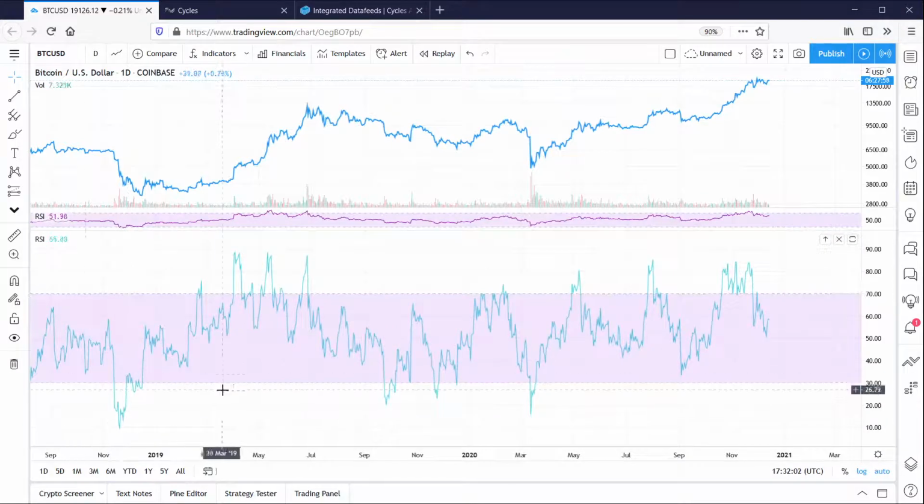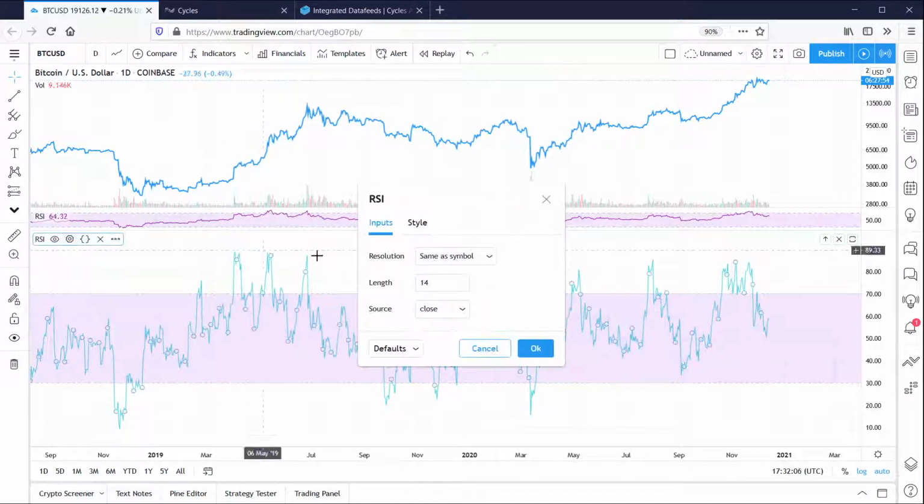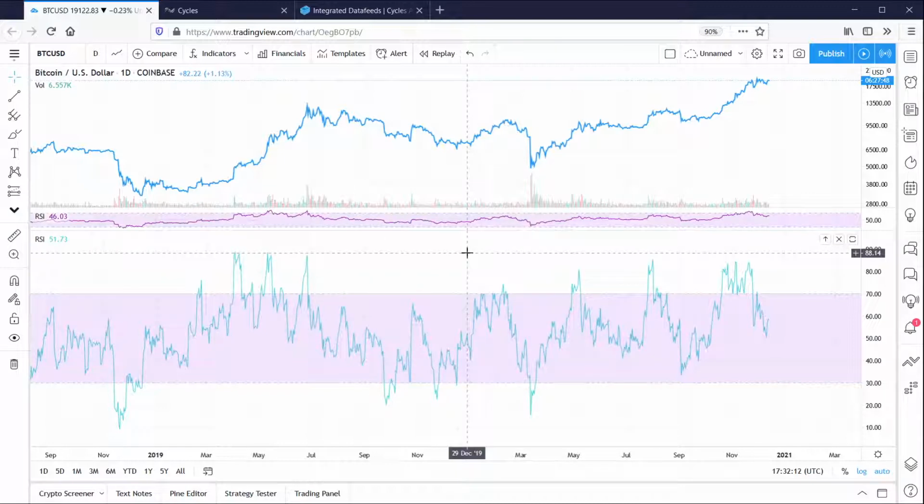And what you see here down at the bottom is the standard RSI. I think it has a length of 14, which is a kind of standard configuration in any platform. And the key question is, no one knows how to configure the length of technical indicators. And that's where cycles come into play.